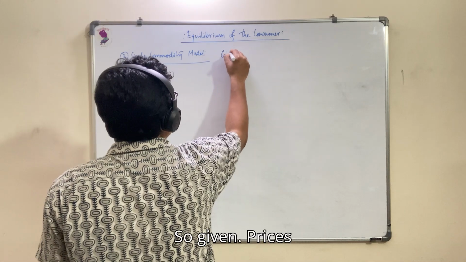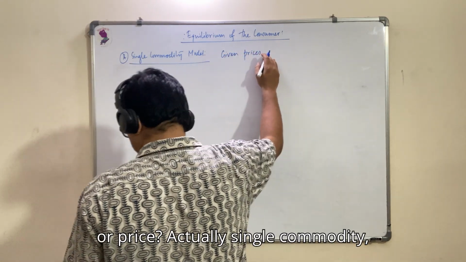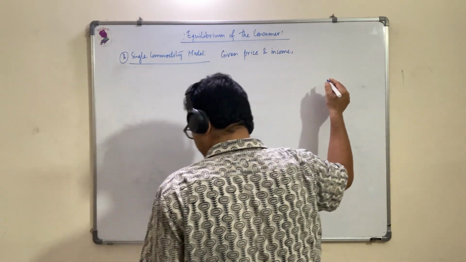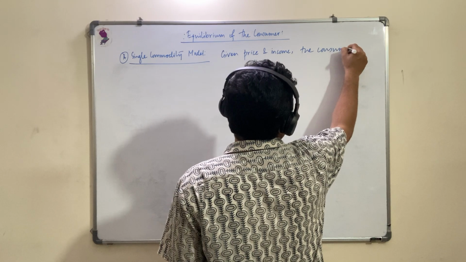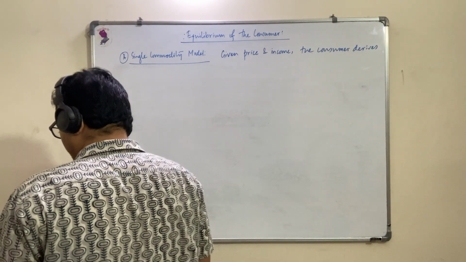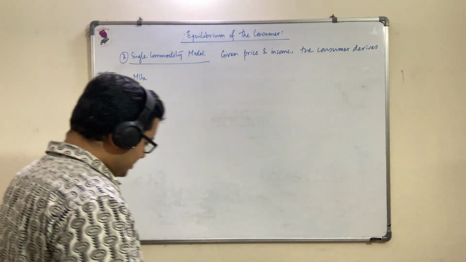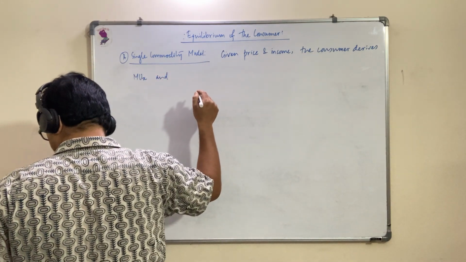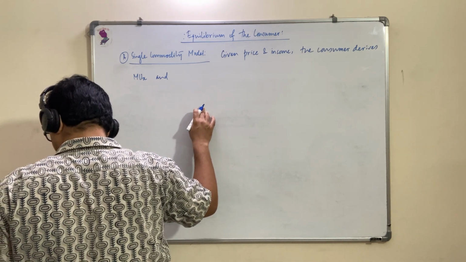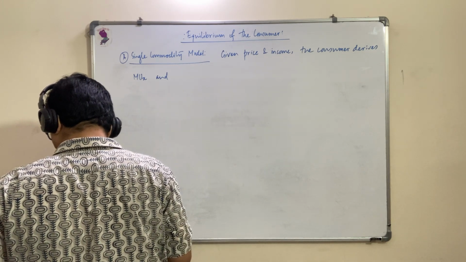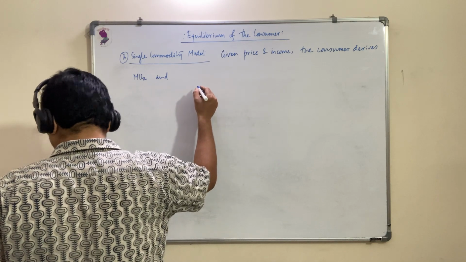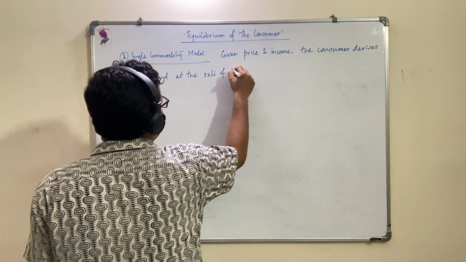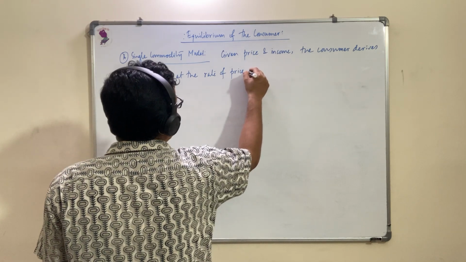Okay, so given price and income, single commodity, the consumer derives MUX from the additional unit, and pays at the rate of price, say Px.